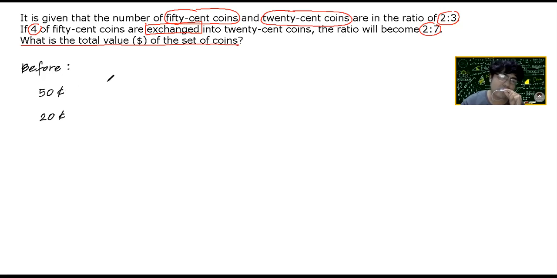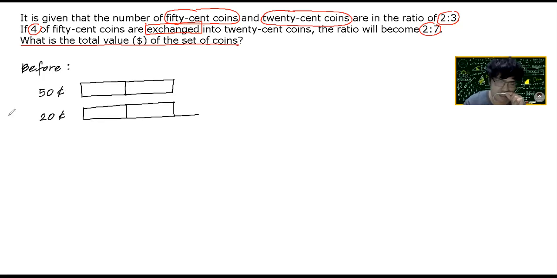Let's draw two bars for 50-cent coins, and the number of 20-cent coins is 3 blocks.